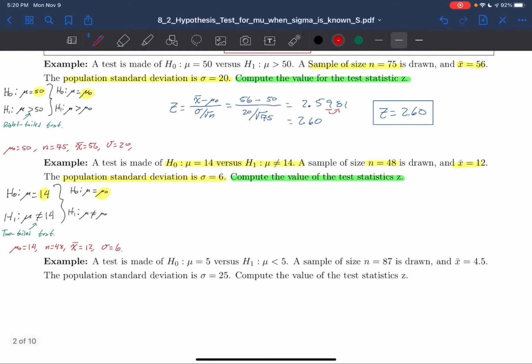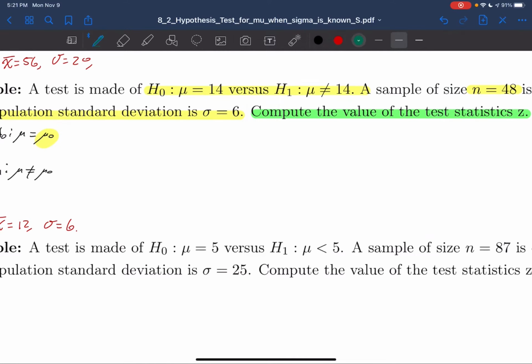Now that we have all of our values, we can compute the test statistic, z. Let me write this in blue. So z is going to be x bar minus mu naught divided by sigma over square root of n.